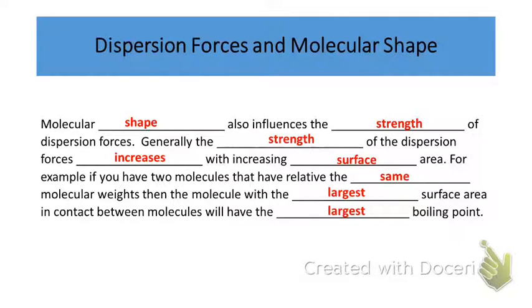The more surface area that is exposed on the molecule, the greater the dispersion forces. For example, if you have two molecules that have relatively the same molecular weights, then the molecule with the largest surface area in contact between molecules will essentially have the largest boiling point.